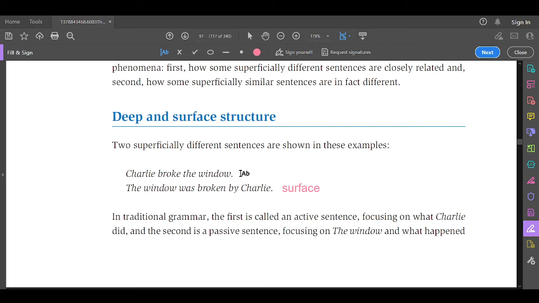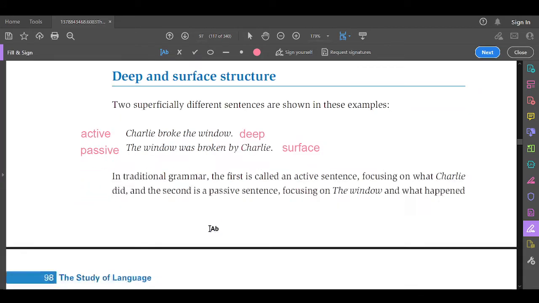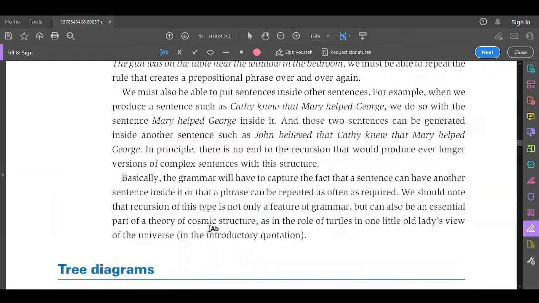The origin is the deep sentence: Charlie broke the window. What you see, the window was broken by Charlie, is the surface structure. This is the active voice versus the passive. We'll talk about this later.